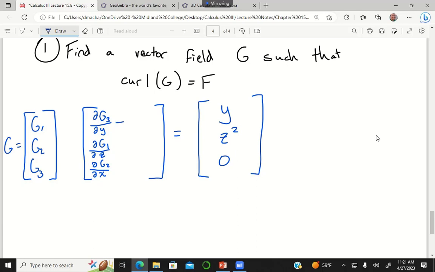Okay, then we do the minuses. And then we have the partial of G2 with respect to z. And then we've got the partial of G3 with respect to x. And then the partial of G1 with respect to y. Okay.